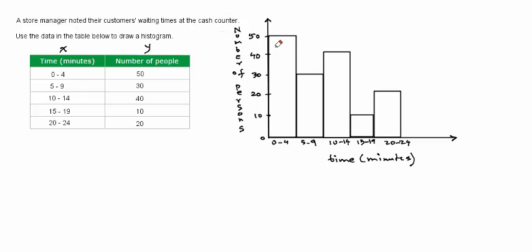And of course you could go ahead and put some colors on these bars. So this is how the histogram for this data would look like.